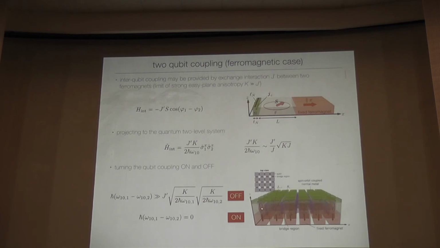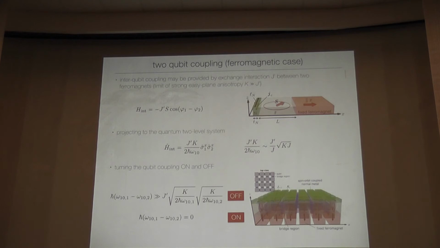You can turn it off by tuning omega 10, the splitting of the two lowest energies for each of these qubits, to different values, such that the difference is much larger than the inter-qubit coupling. And you can tune the coupling on by bringing them resonant with each other. In principle, these things can be done theoretically.